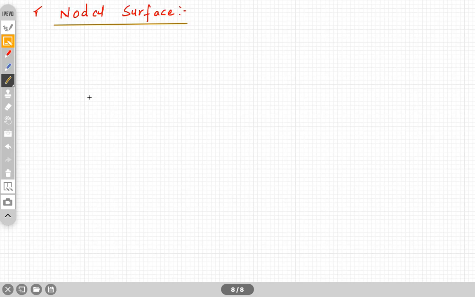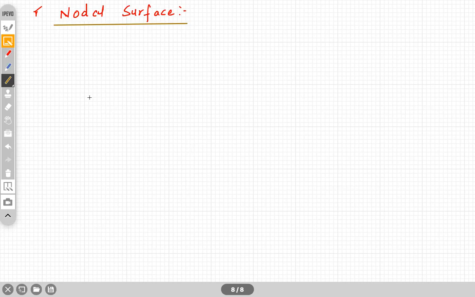Okay, so we have a relation of psi, that is the wave function, because we are talking about the probability of finding an electron being 0. So we must use the psi square function, right?